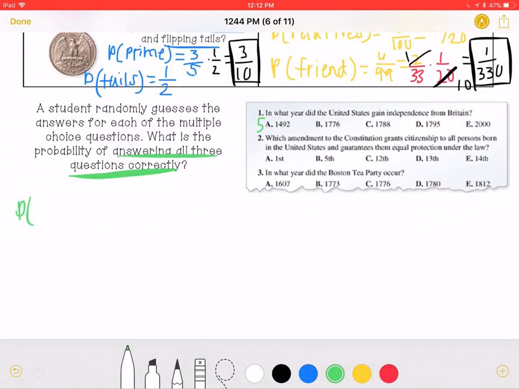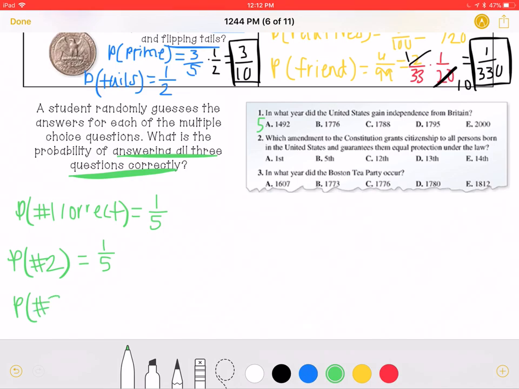So what's the probability of answering all 3 questions correctly? Well, the probability of getting number 1 correct, you only have a 1 out of 5 chance. How about the probability of getting number 2 correct? Again, you only have a 1 out of 5 chance. And the probability of getting number 3 correct, you have a 1 out of 5 chance. So what's the probability that you get all 3 correct?